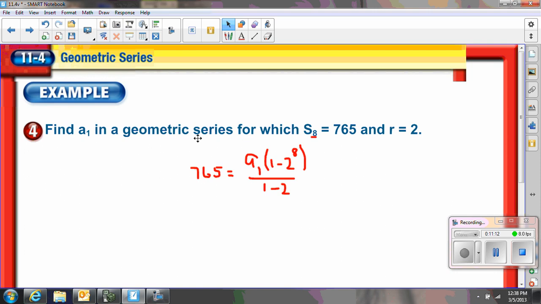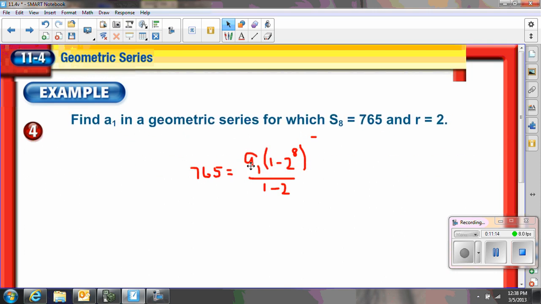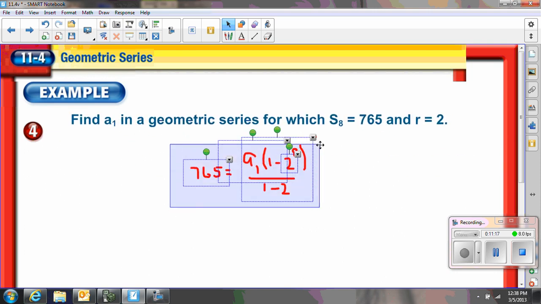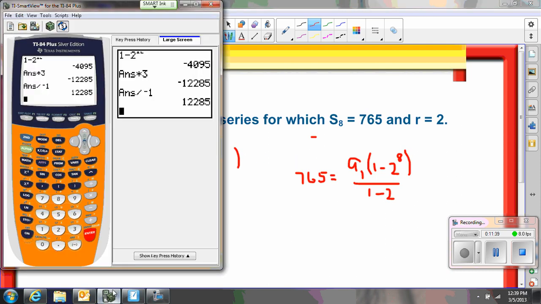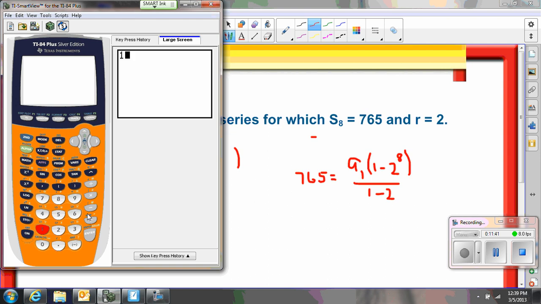And now it's just a matter of attempting to solve for a sub 1. So let's do some simple math here. We have 765 equal to a sub 1. Now we're going to have to do some calculations here, so let me pull up my calculator. We're going to go 1 minus 2 to the 8th. Negative 255.